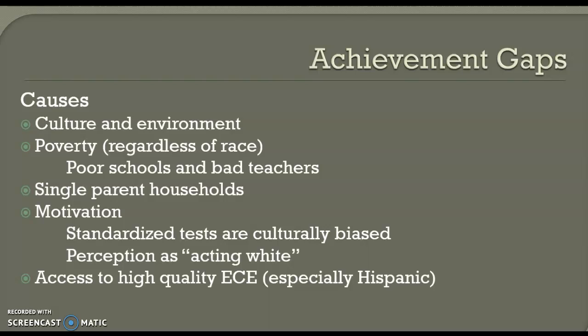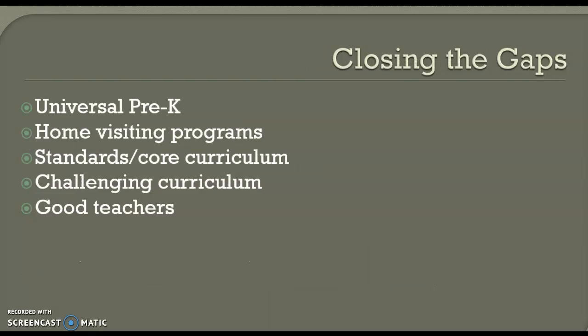Achievement gaps are caused by a variety of things: culture and the environment, poverty, poor schools, bad teachers, single parent households, motivation in general, and access to high quality early childhood programs.